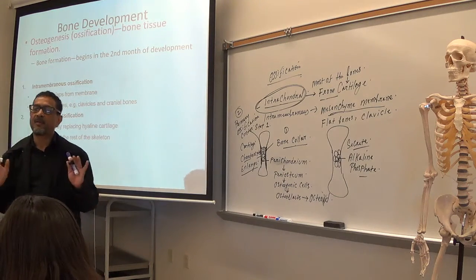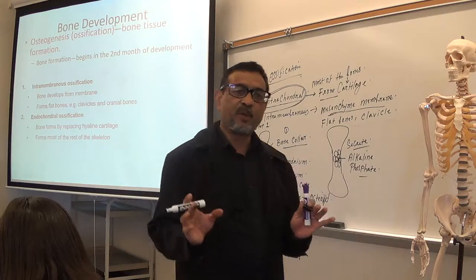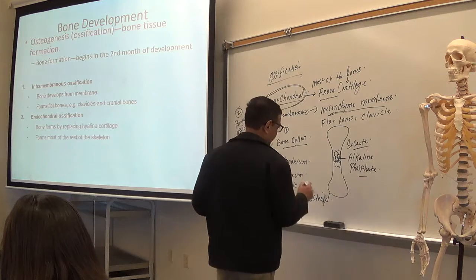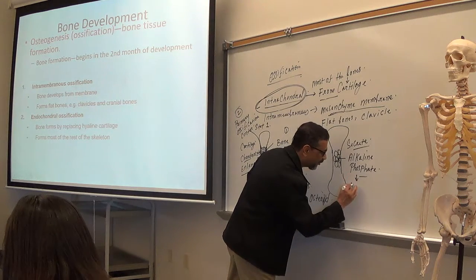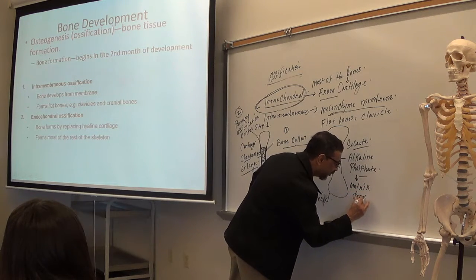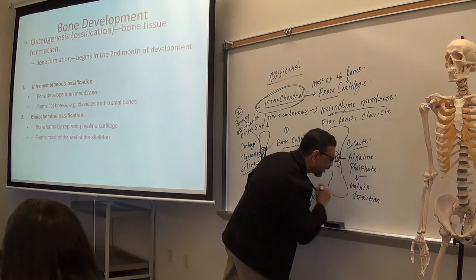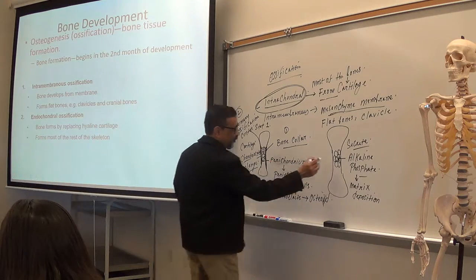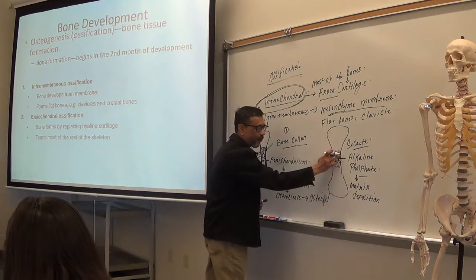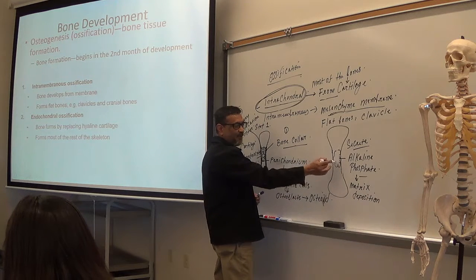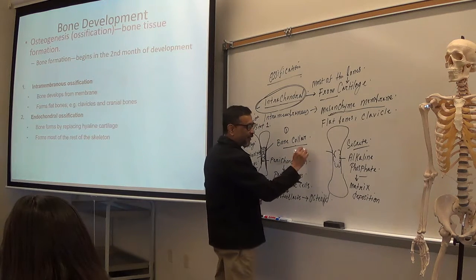Just know that alkaline phosphatase is responsible for deposition of matrix. Matrix deposition helps in bone matrix deposition. Okay? And then these chondrocytes get bigger and burst, rupture. All these chondrocytes are destroyed. So a cavity is formed here. That is called the medullary cavity.